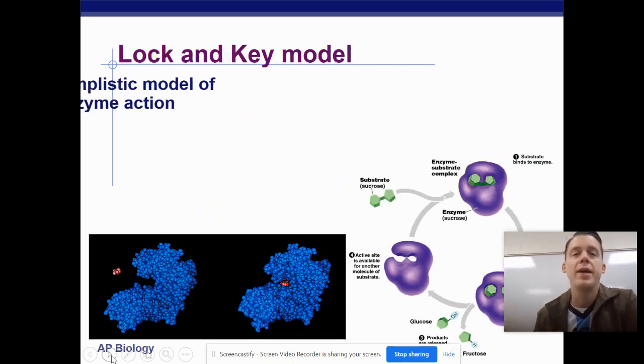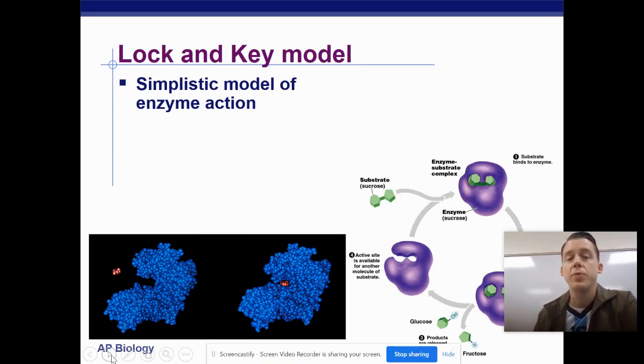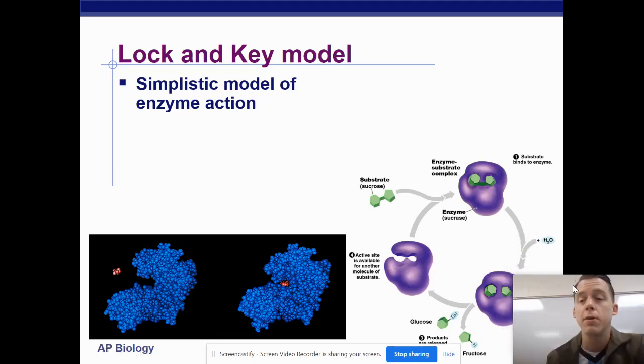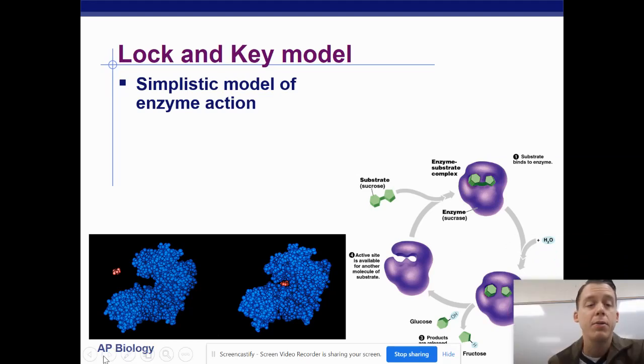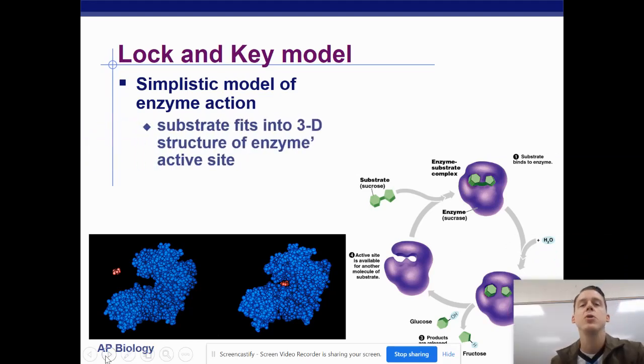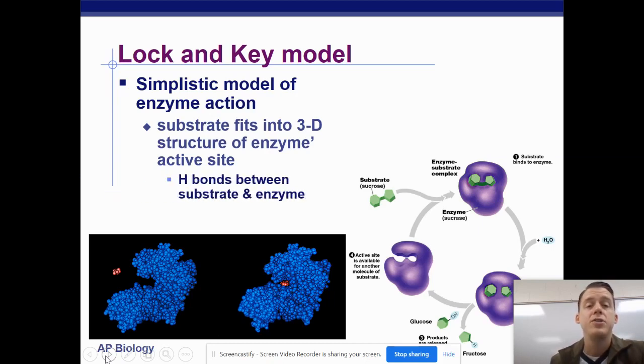Now, in terms of how enzymes work, we used to use the lock and key model, and the lock and key model is a very simplistic model of how enzymes work. The lock and key model basically shows us that the substrate fits right into the enzyme's active site. And that is due to hydrogen bonds and maybe ionic bonds between the substrate and the enzyme, like a key fits into a lock.